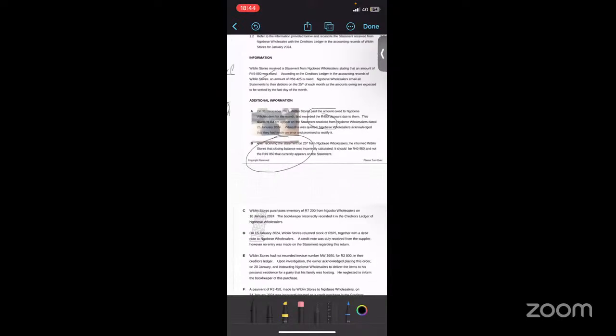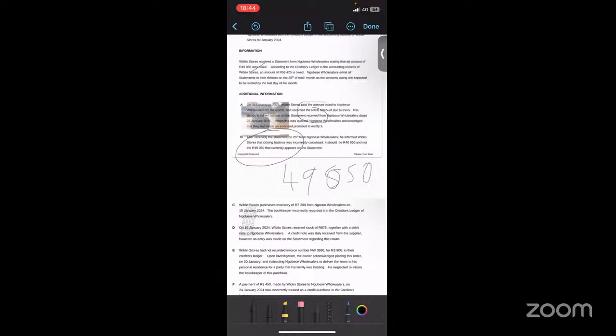So it's 49,050 minus 40,950. So it's going to be 8,100. Then the difference is going to be 100 rands.